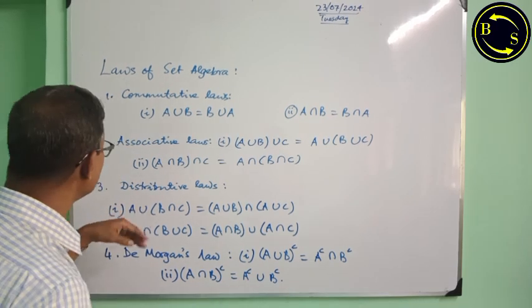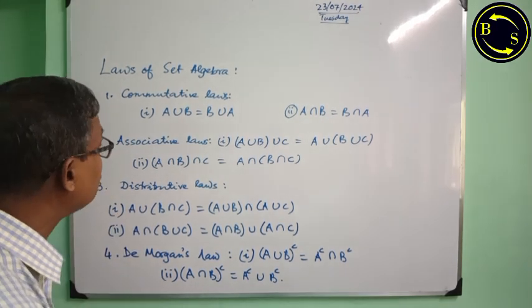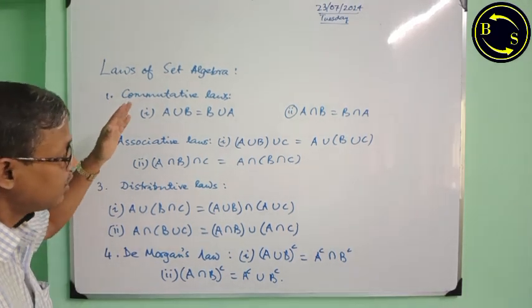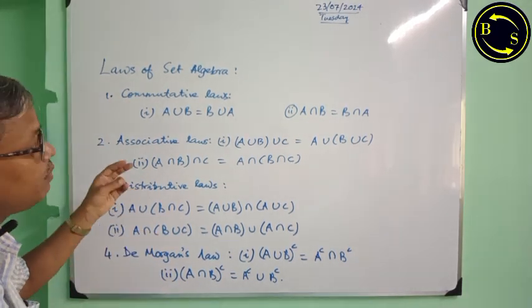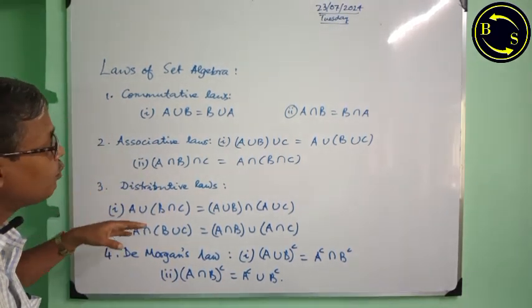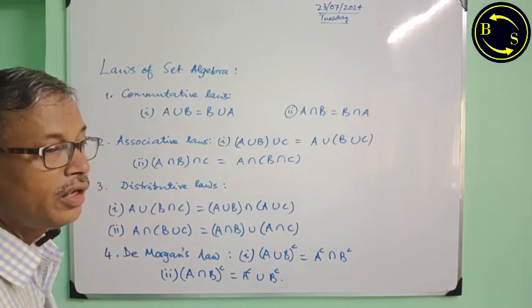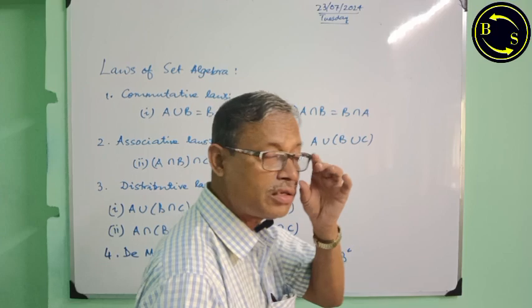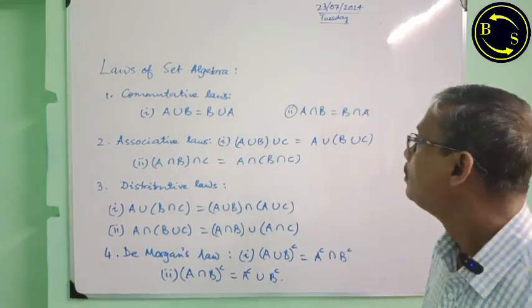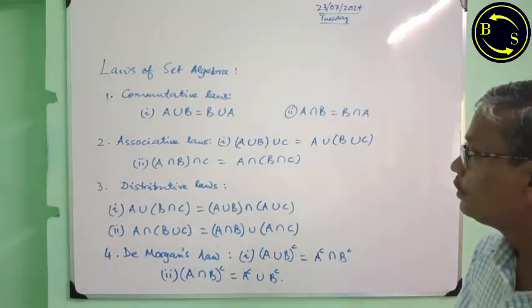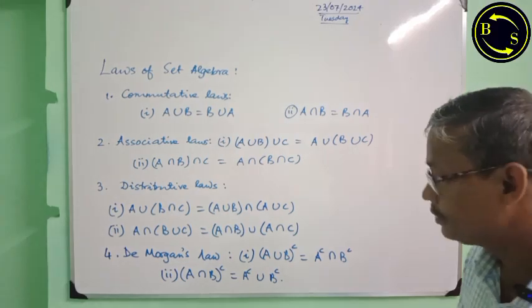We have more laws, but first of all, we verify with the help of Venn diagram or prove a few of these, not all. I shall discuss a few. Students, learners are to prove themselves the others.